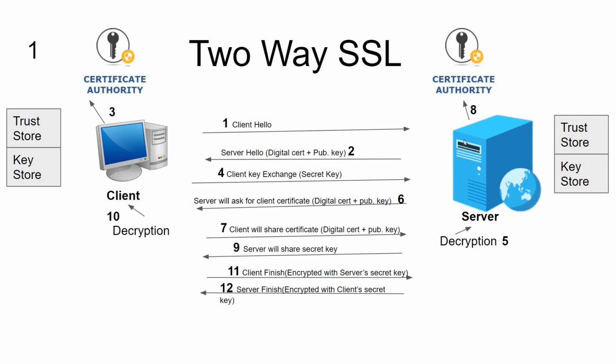Now the server will respond with its digital certificate plus public key. These two things the server will share, and it will also choose one encryption algorithm out of the options given by the client. So the digital certificate and public key will be shared by the server to the client in the second step.